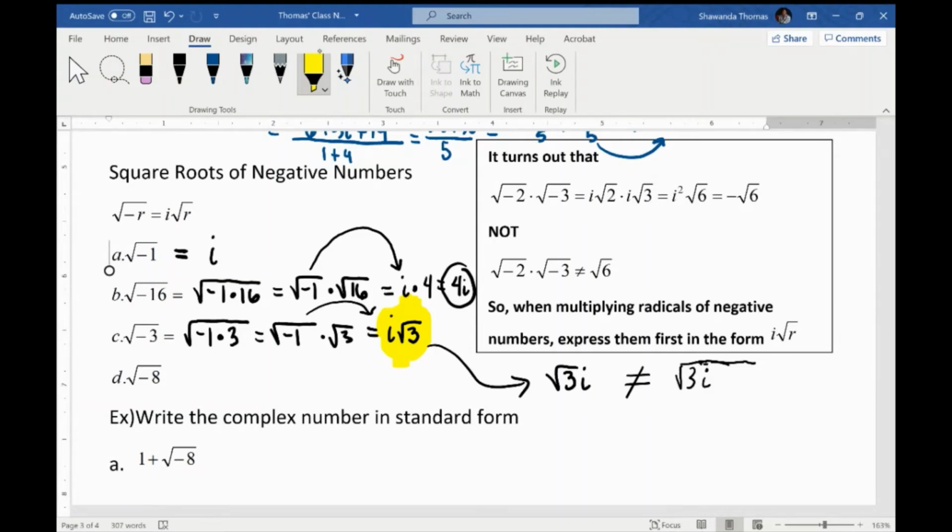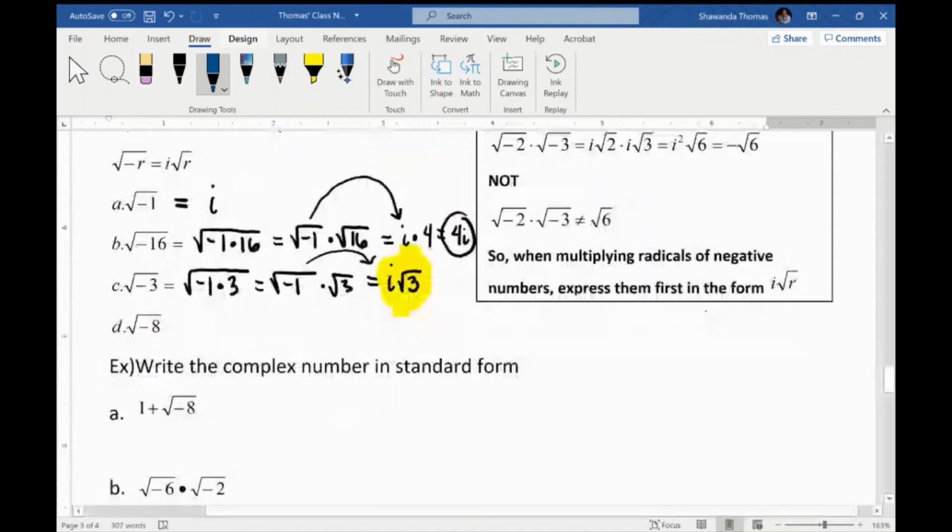That I should not be under the square root symbol. It's separate from the square root of 3. So however you do it, I'm okay if you write it like this, if WebAssign would accept that. That's why you will probably see me put I's in front of radicals, so that you will know it's not supposed to be under that square root symbol.